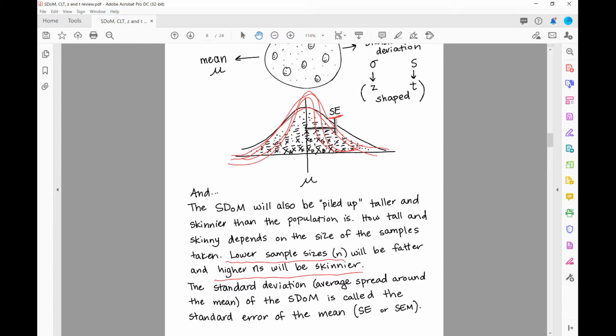So this is the standard error of the mean, which is the standard deviation of the SDoM. I know all these S's and D's and things get confusing, but if we're trying to say, okay, how wide is this SDoM that I get that's made up of all these different sample means that have been plotted, that's called the standard error. Okay.